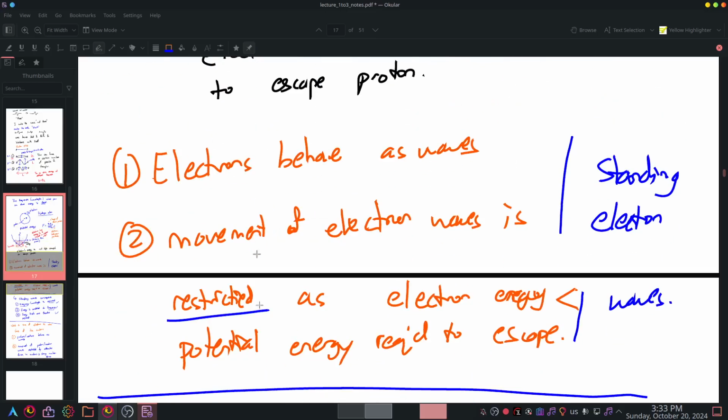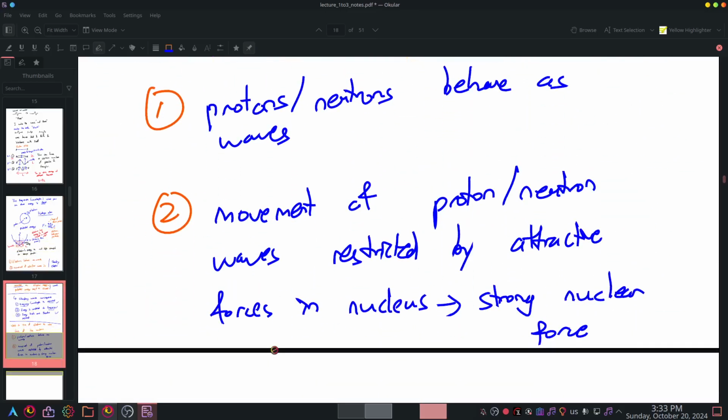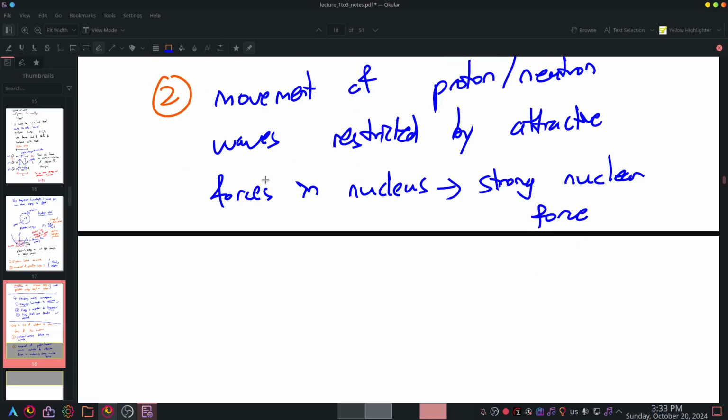So these effects give rise to fixed energy levels within the nucleus. Okay, same idea as well.